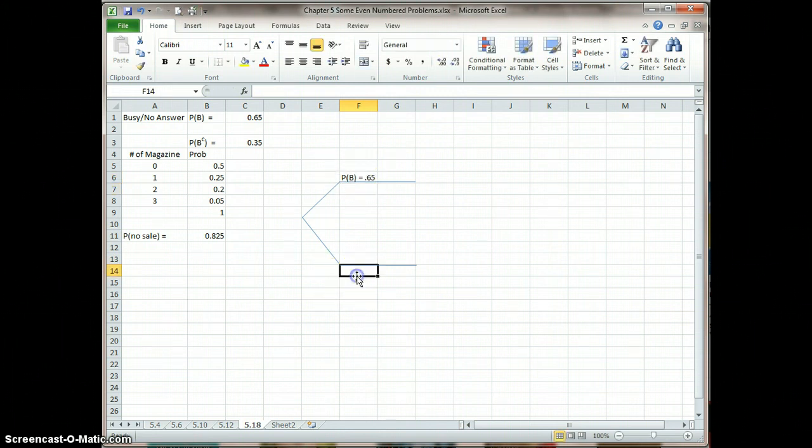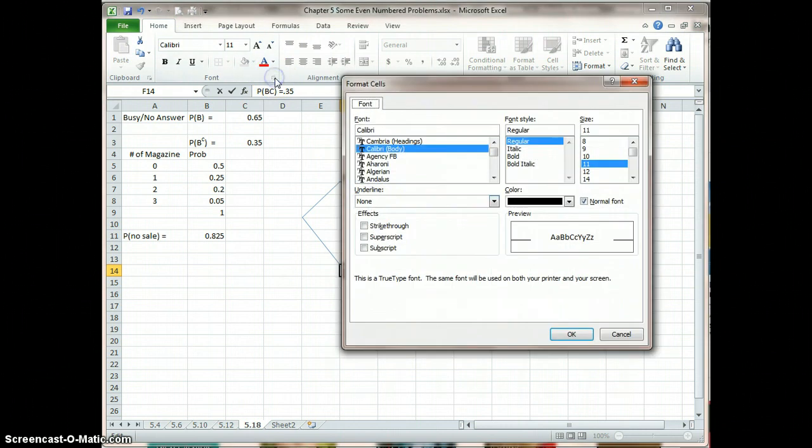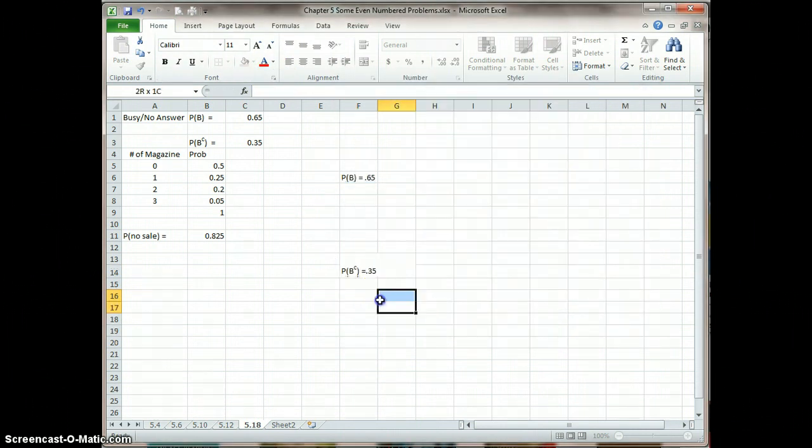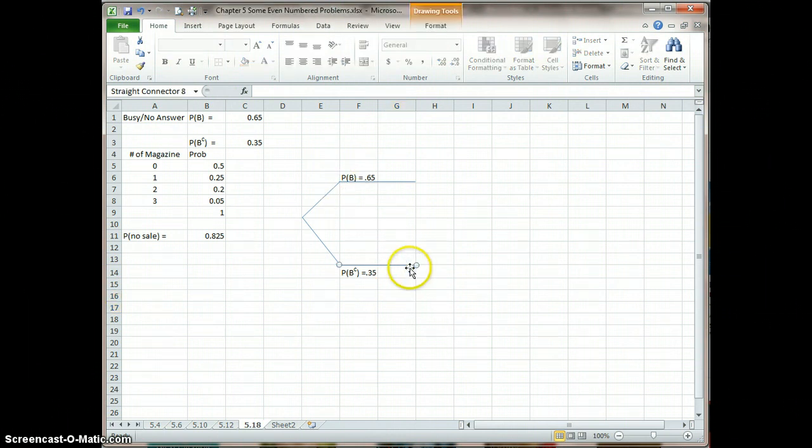And then down below here, the probability of B^C, which is the complement, equal to 0.35, and I'm going to fix that up here so you see that it is a complement again. Hit the superscript just to make it easier to follow.